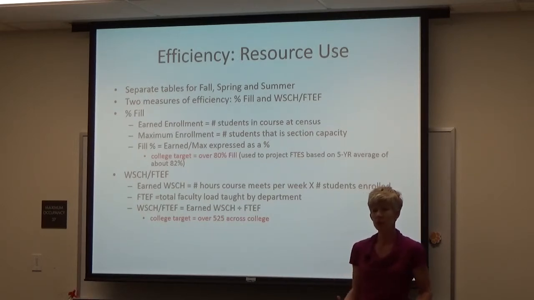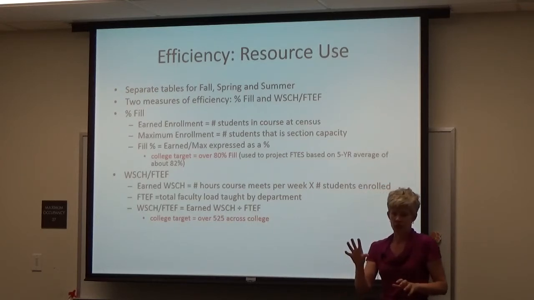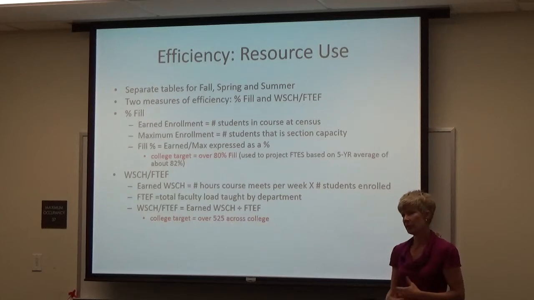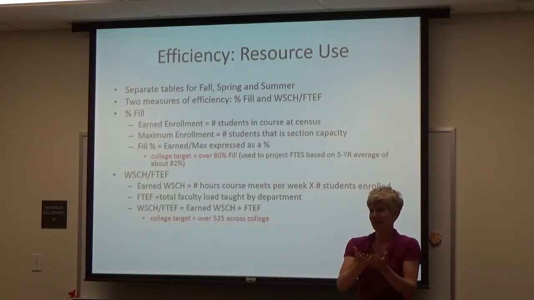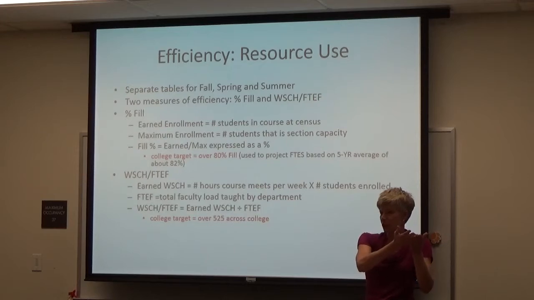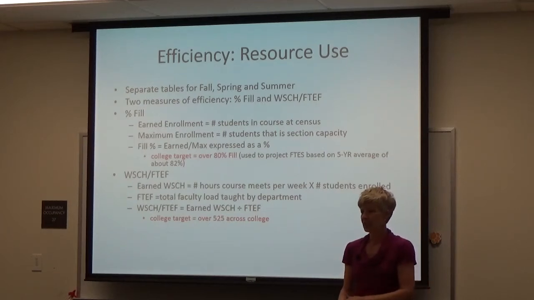There's a few weird situations where there's some odd relationships between those numbers. But I did an analysis for math, and basically as you kept going up in load, the number of students kept going up proportionately. So if those courses were full, it didn't matter whether it was a 3-unit course or a 6-unit course, the wish per FTEF was the same for all of those courses.